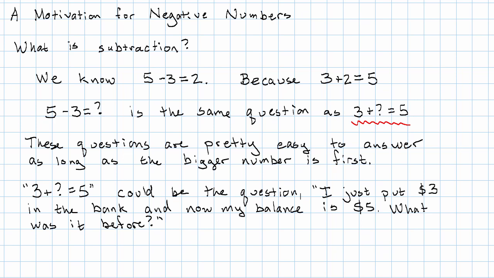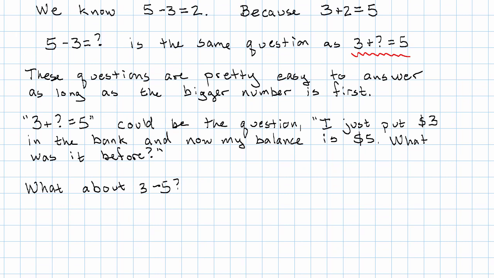But then there are some of these questions that seem to not have answers. What if we wanted to think about 3 minus 5? So the question, 3 minus 5 equals what, is the same question as 5 plus what equals 3.